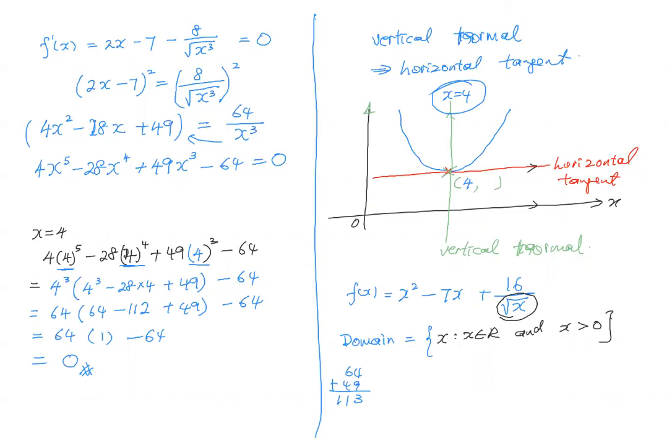So therefore, the equation of the vertical normal is x equal to 4. Clear? If I want a horizontal tangent, then you have to do another step. Are you okay? Hello? Class?